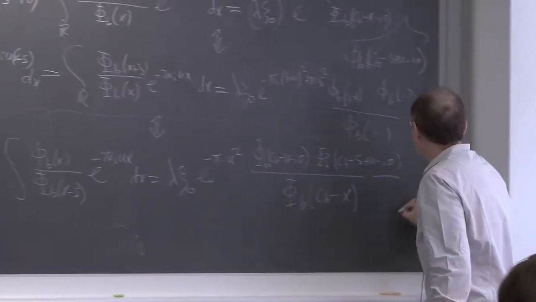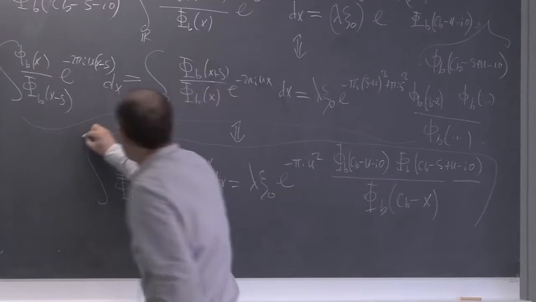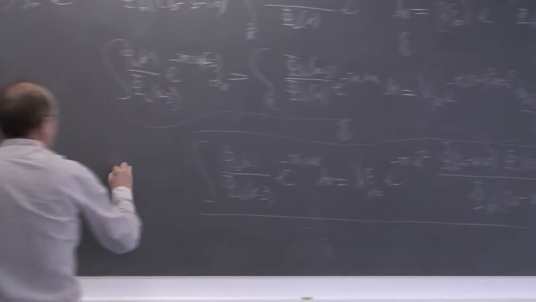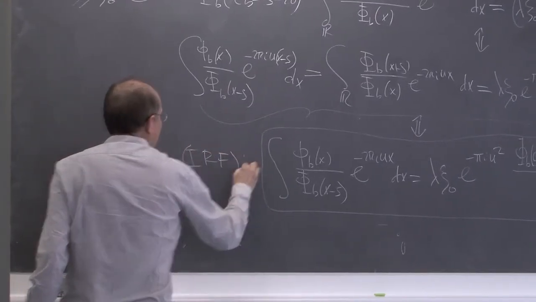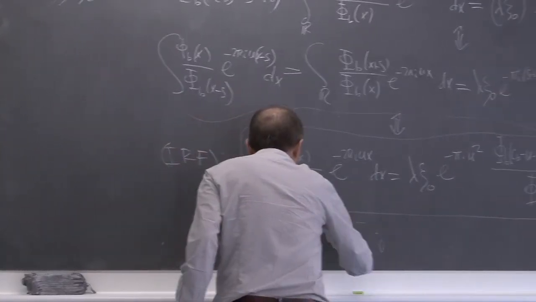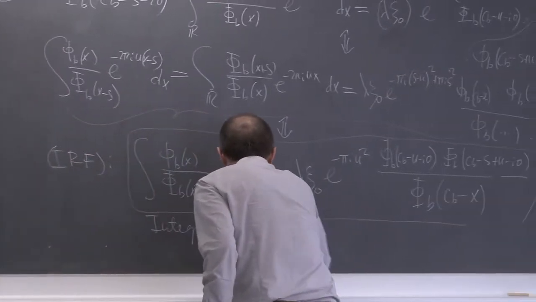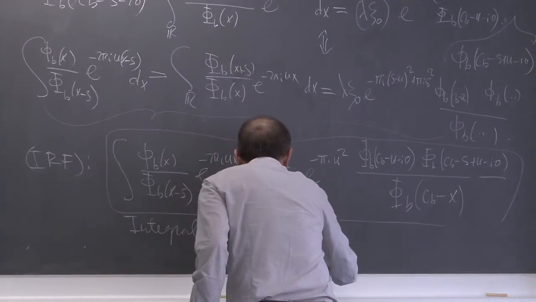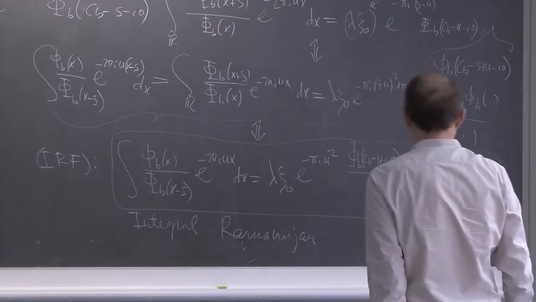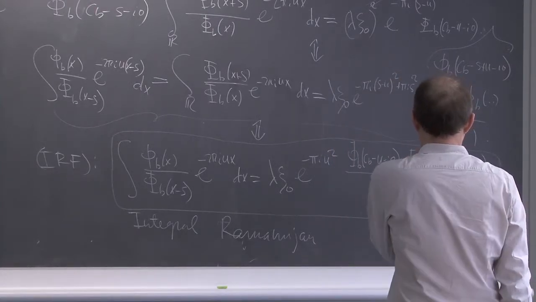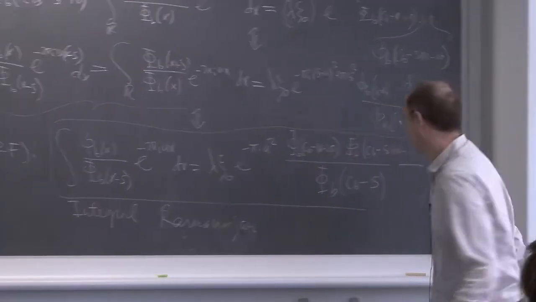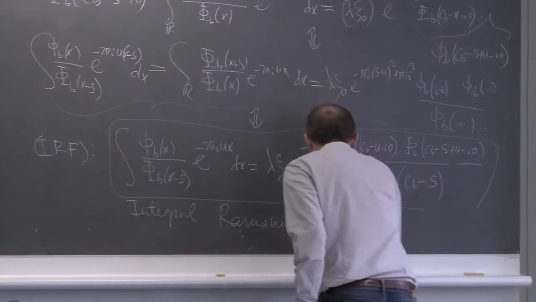So that's a formula which I call the integral Ramanujan formula, IRF. Phi b of c_b minus, yes, thank you, of course. Integral Ramanujan formula.